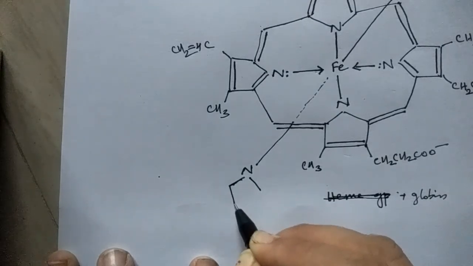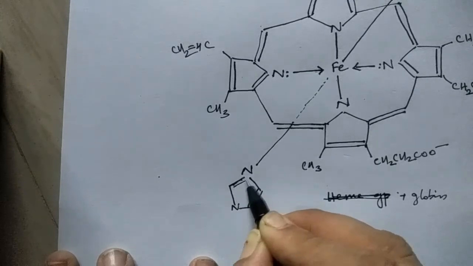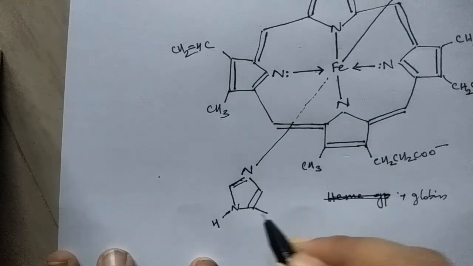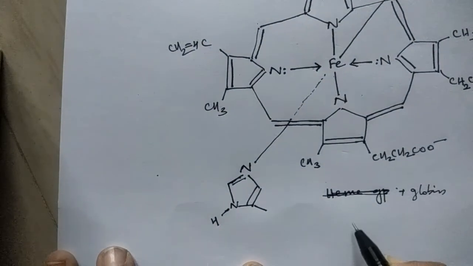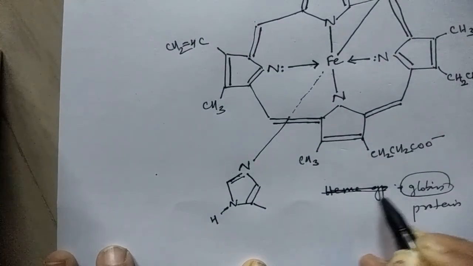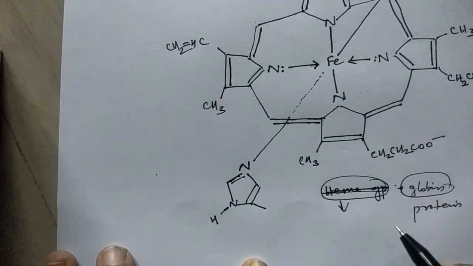Globin means it is actually a protein, and heme is not a proteinic part.